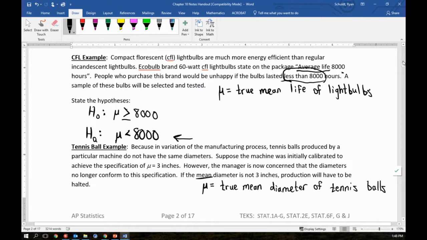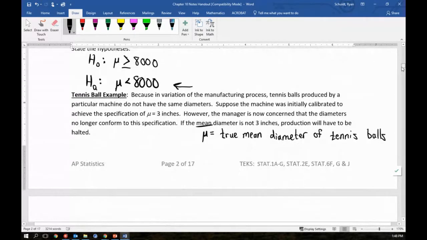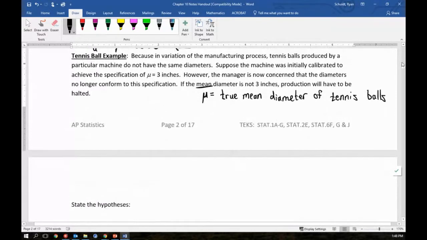Okay, so the top of the next page is actually where they give you the space to write the null and the alternative. So what does the problem tell us? Mu what? Mu equals 3 inches. So which one should that be since they give me an equality?